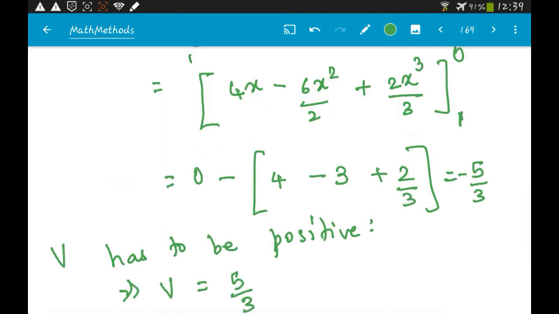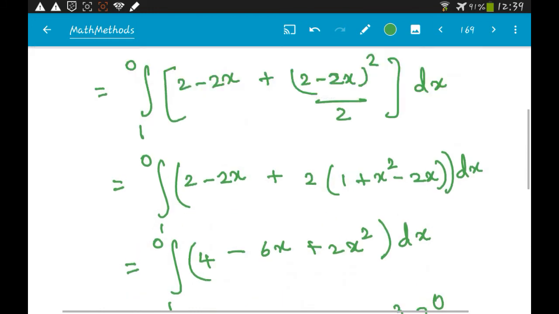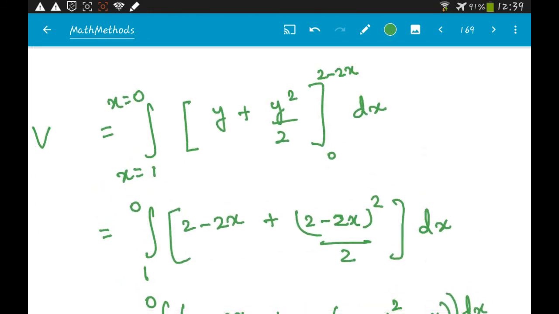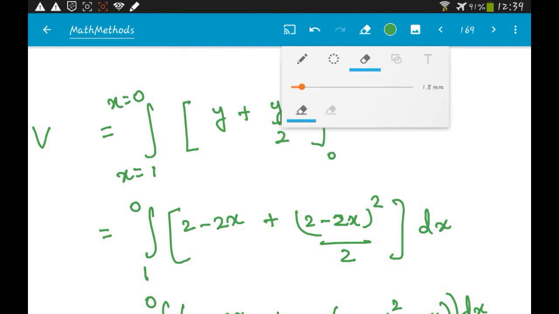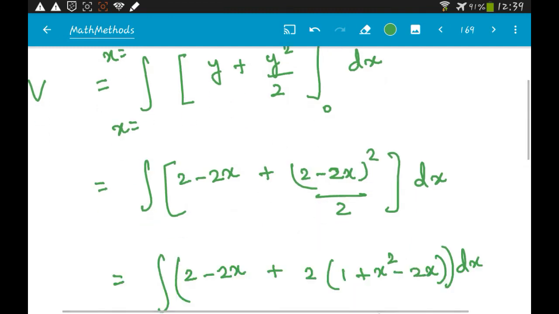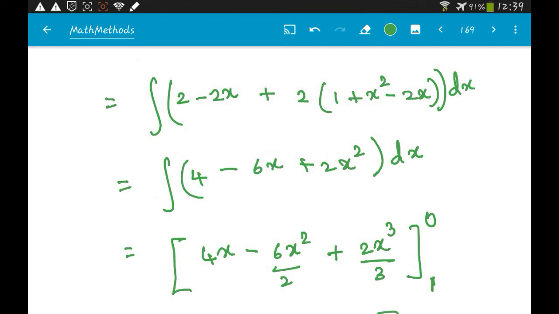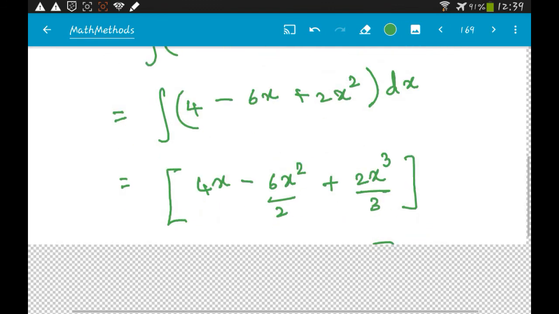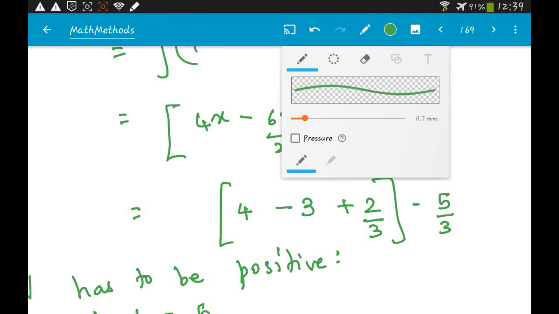So actually the limits here should have been, if you look at the limits here, this should have been from 0 to 1. Okay, then we wouldn't get negative volume at all. So if you have such a mistake at some point, you can always double check by drawing the diagram.